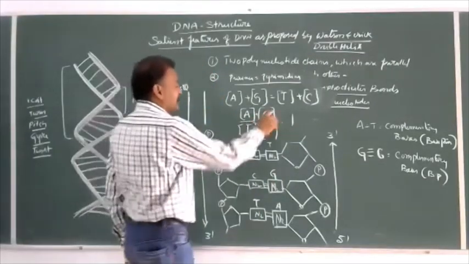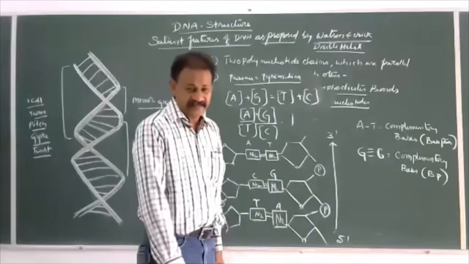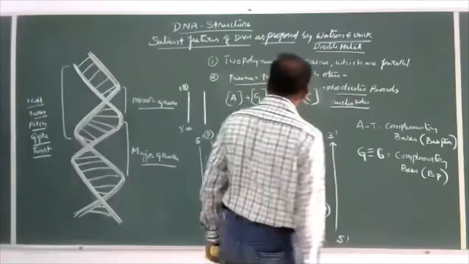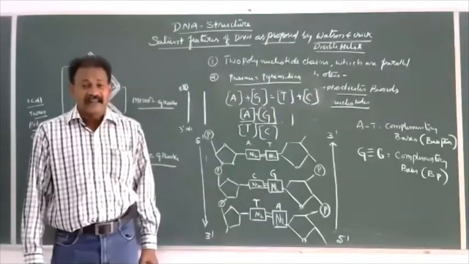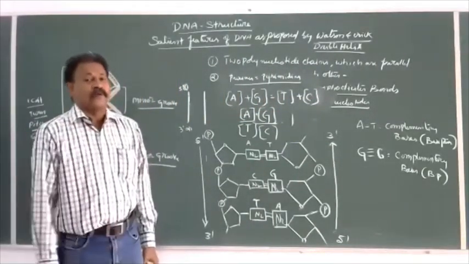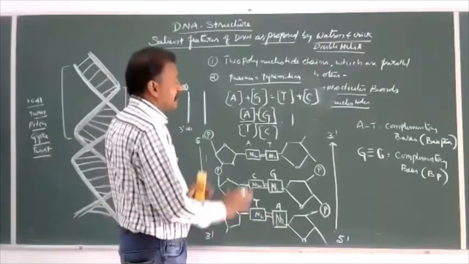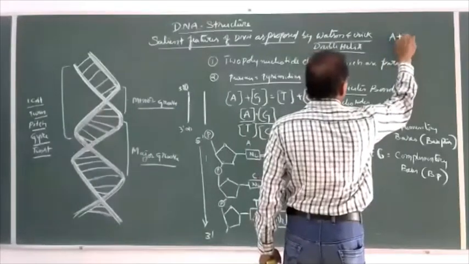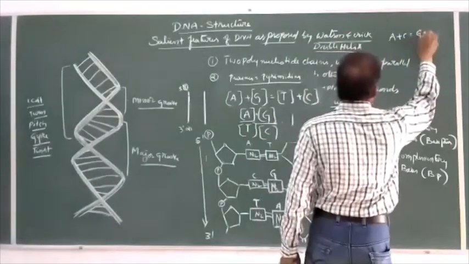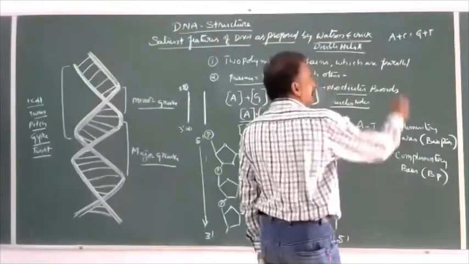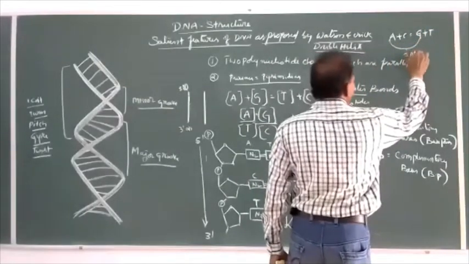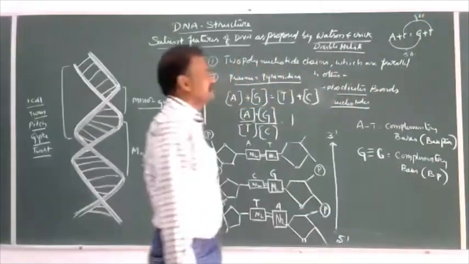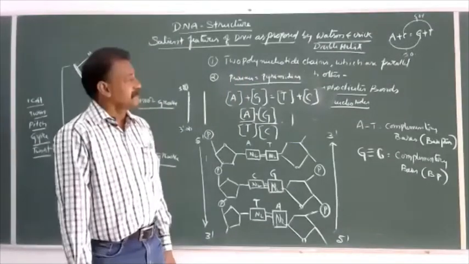If purines are 50%, pyrimidines are 50%. Or, in total, A plus G by T plus C is equal to 1. A plus G is 50%, T plus C is 50%.